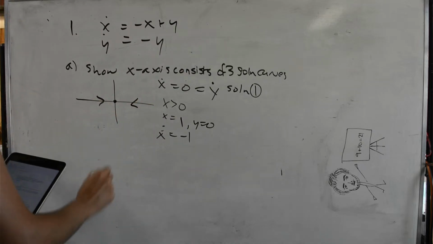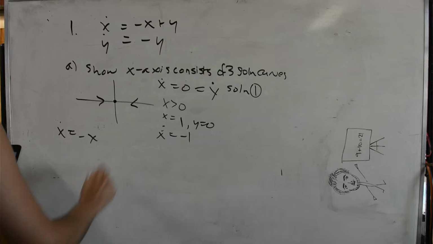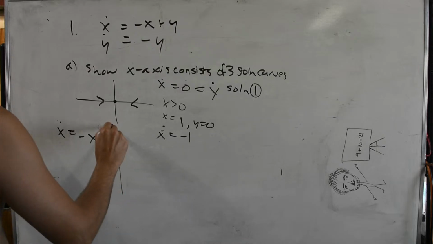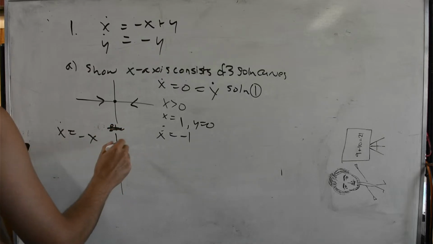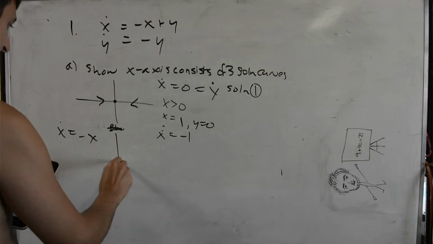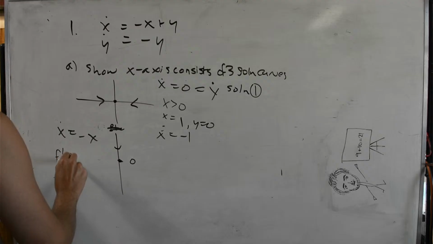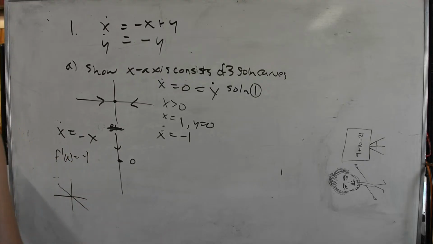So if we just consider the 1D case of x dot equals minus x, we're going to get our classic phase line, or whatever. But you have 0, and then you have f prime of x is equal to minus 1. So then you have this thing like this. So it's a stable fixed point.